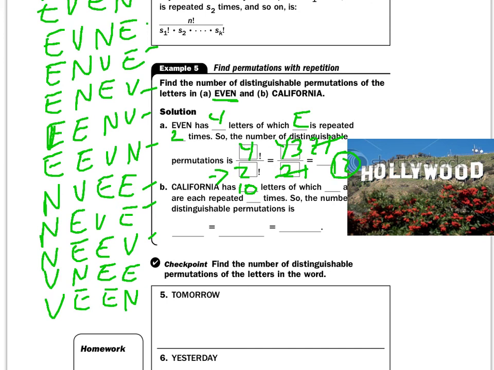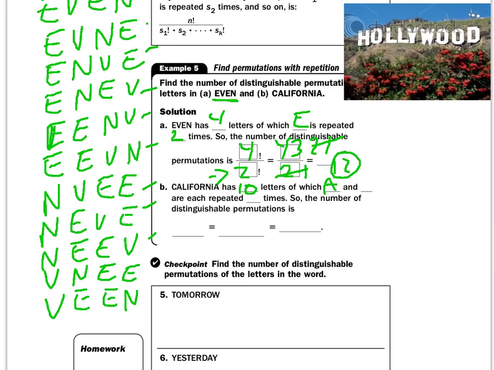But the A and the I are repeated, and each of them are repeated 2 times. And so on the top, I'm going to have 10 factorial, but on the bottom, I'm going to have 2 factorial and 2 factorial. 2 factorial times 2 factorial is actually just the number 4.